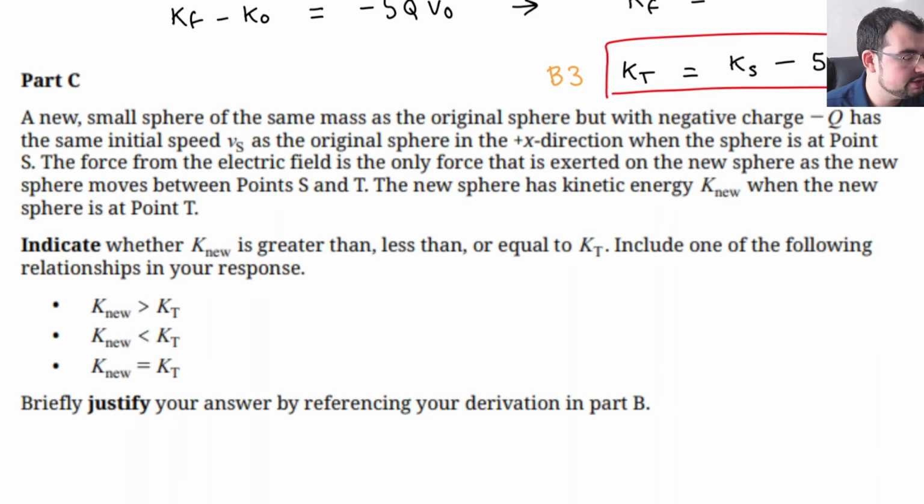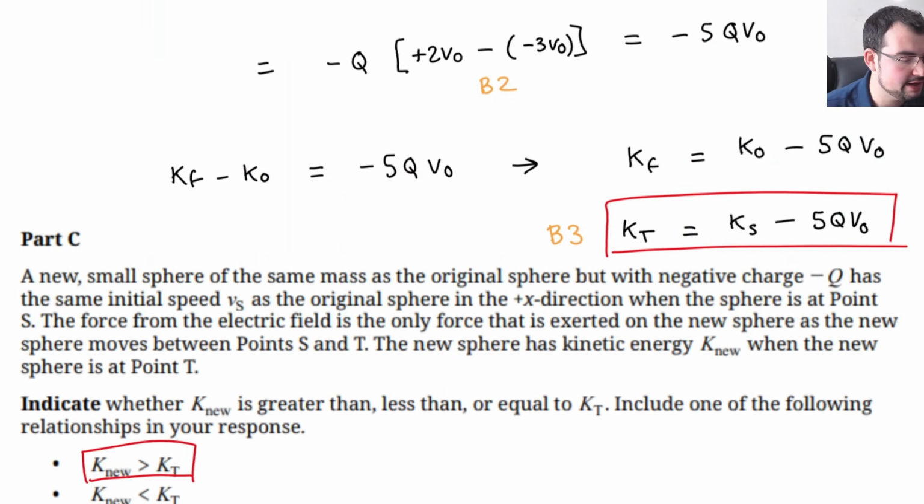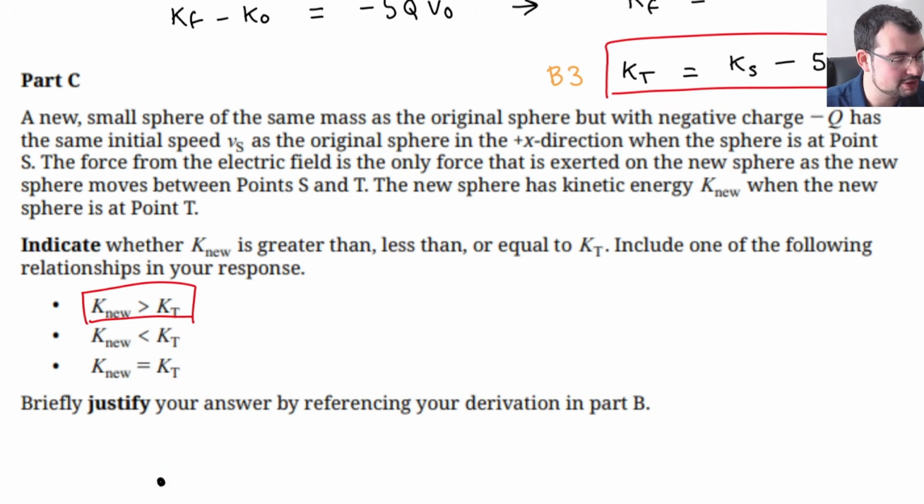Then it says we replace this positive sphere with a negative sphere. Does this increase, decrease, or not affect the kinetic energy? Well, the new kinetic energy at T is bigger. And it says we must use our derivation in part B. So we know negatives will do the opposite of what a positive will do. So if the speed decreases for a positive charge, it must increase for a negative one. But it wants us to use this expression.